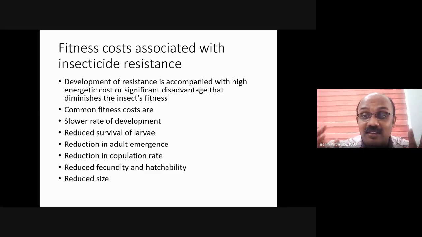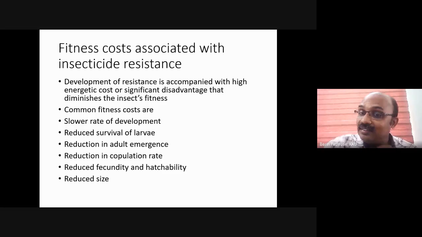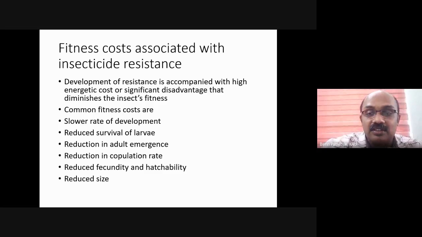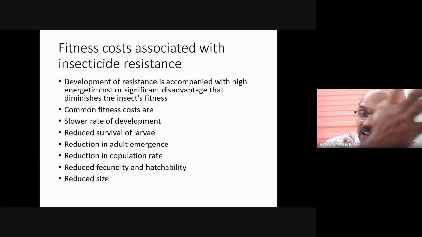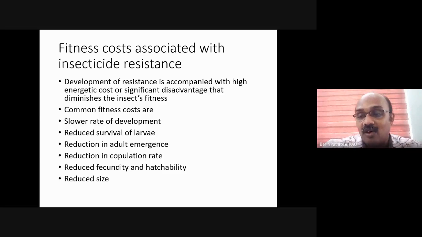So whatever resources, that means food, it is consuming is diverted to the production of esterase enzyme. This diversion of resources to esterase enzyme will have some adverse impact on other physiological functions of the insect.